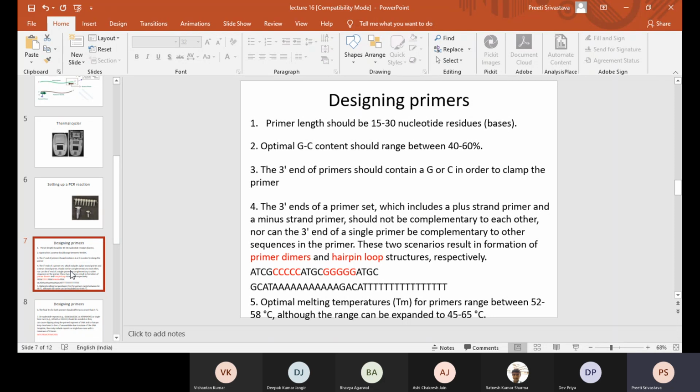PCR can be used for RFLP as well. PCR can be used for fingerprinting techniques. But the basic purpose of PCR is amplification. Once your sample is amplified, it is your choice whether you want to subject it to sequencing or to restriction digestion. It is the user's choice.